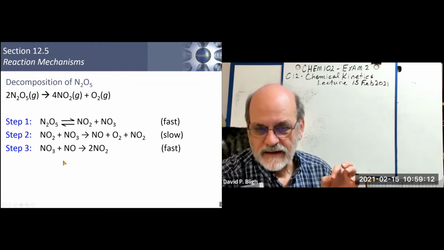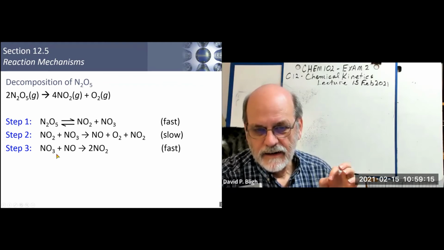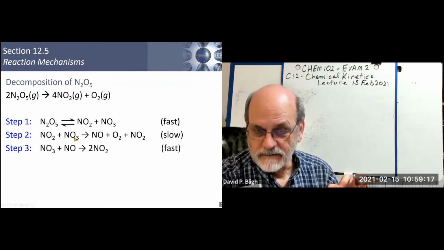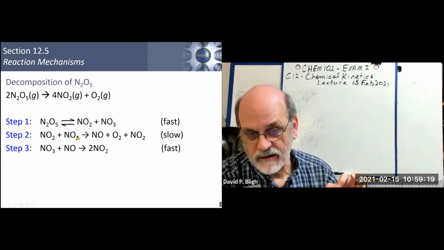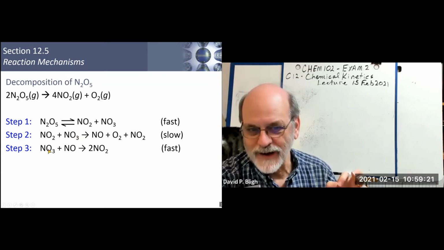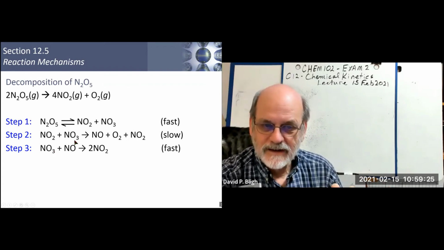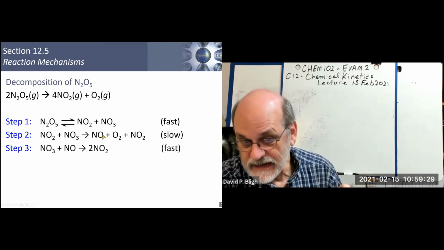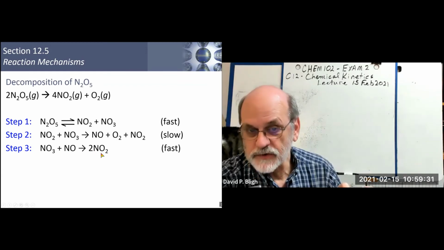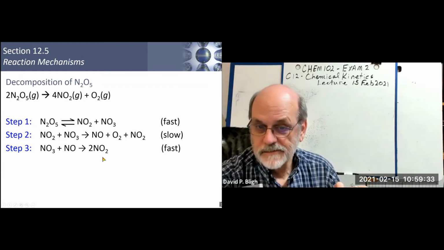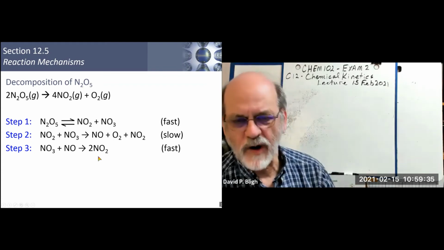And then you take an NO3, right? We only produced one of them here, but we're using two of them, one there and one there. So we've got to resolve that also. But you take an NO3, react it with an intermediate here, and produce NO2. Okay? So what do we have on the product side?